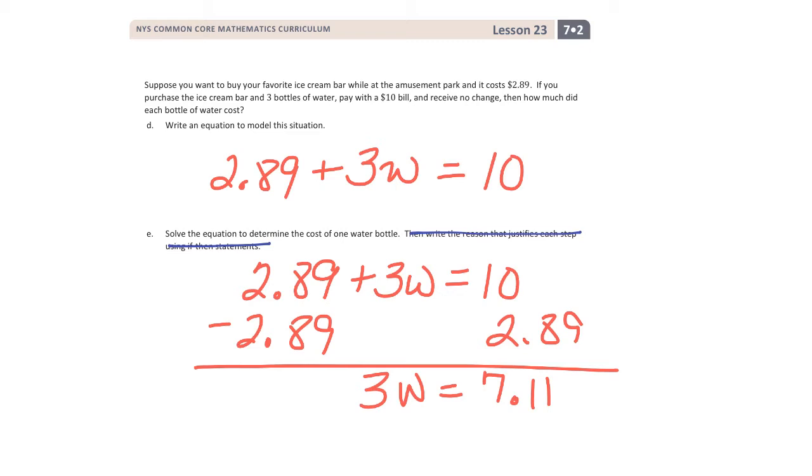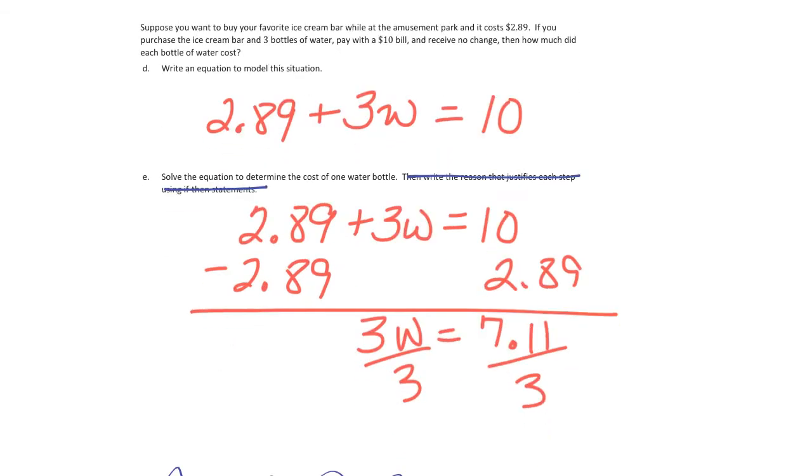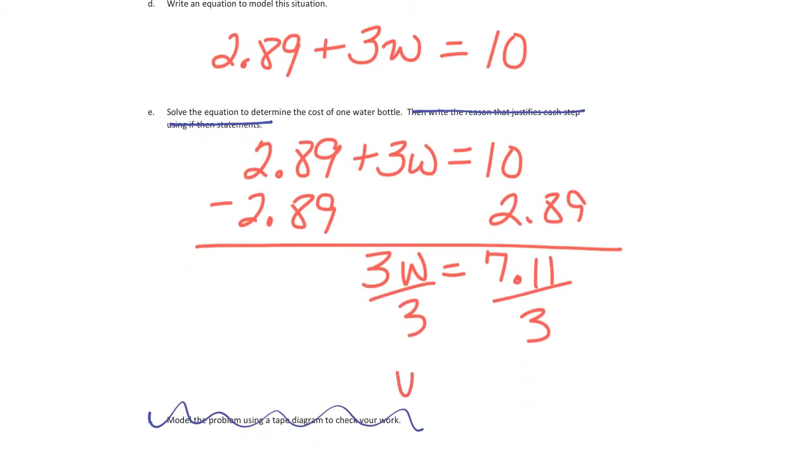So dividing both sides by 3. So W equals $2.37.